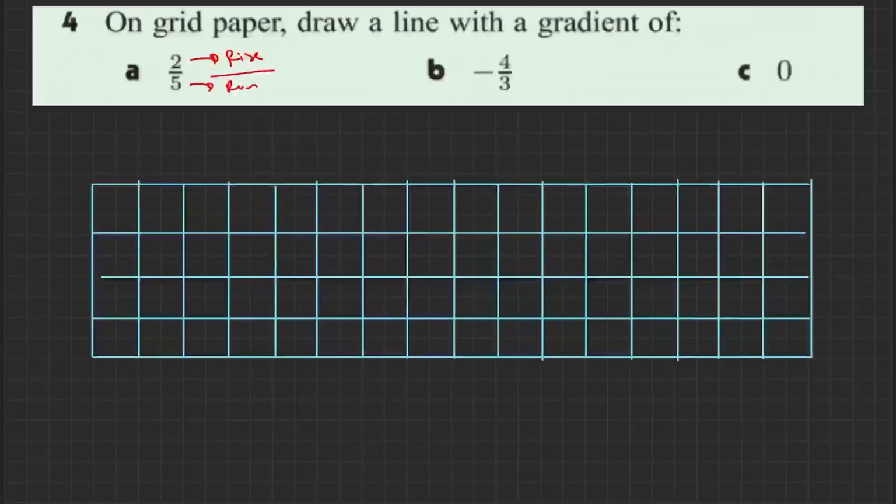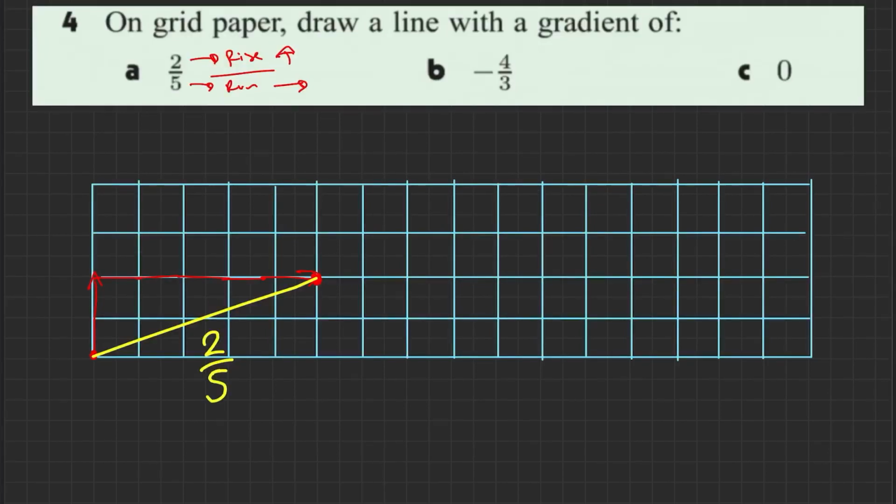So we have a rise of 2 units and a run of 5 units. If we start at any point, let's say we started at this point here, we want a rise of 2 units, so 2 up and then 5 across. So 1, 2, 3, 4, 5. So we will end up at that point. So the line that I'm looking for then is from this point going up to here.